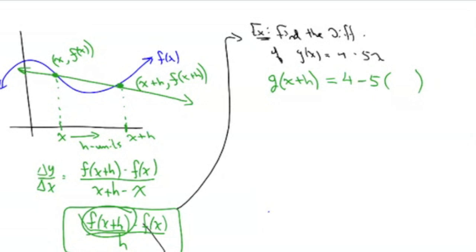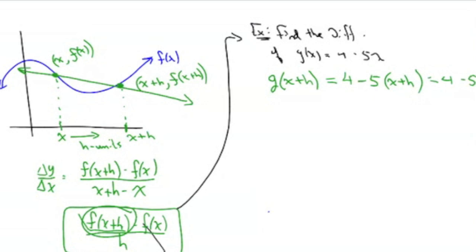Once you get it set up this way, I've seen people do 4 minus 5x plus h. And then they put the plus h like at the very end of the expression. It needs to go inside the expression. So whatever goes in the first set of parentheses also goes in the second set. So this also gets x plus h. And then you simplify it. It becomes 4 minus 5x, well, expand it, minus 5h.